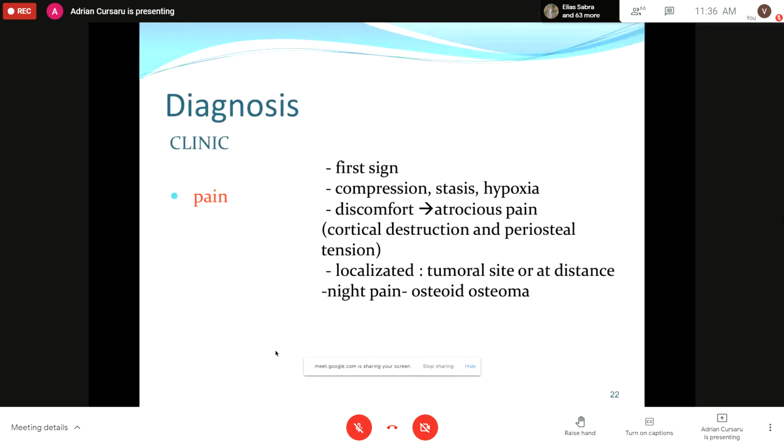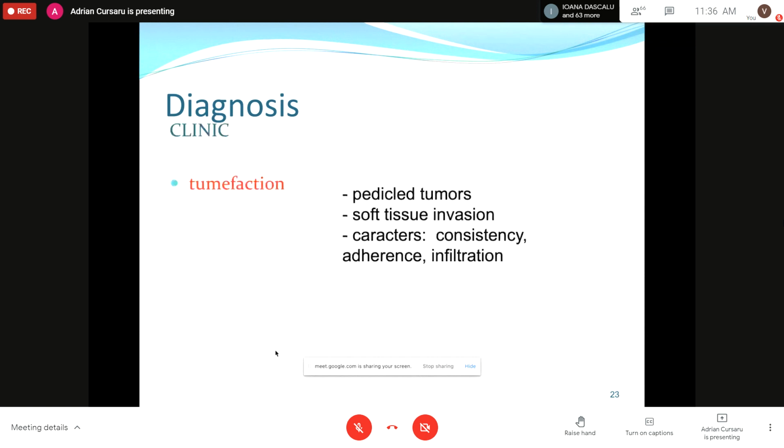How does that pain appear? By compression, stasis, hypoxia; it could be like a discomfort or could be a localized pain, a localized night pain. For example, in the most frequent cases of osteoid osteoma, we have night pain.